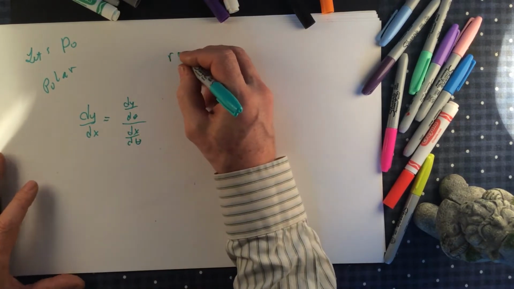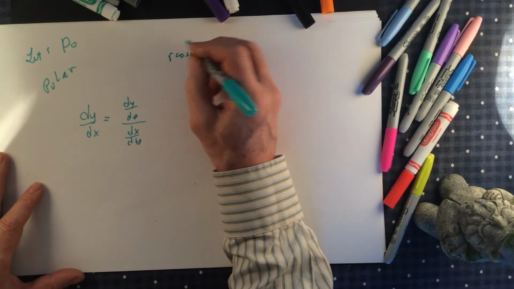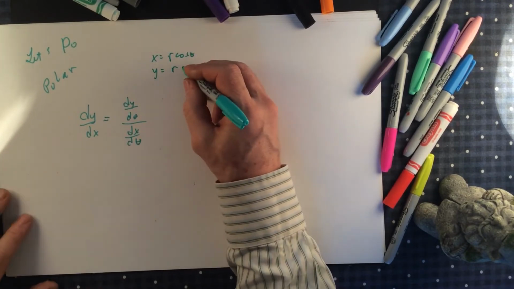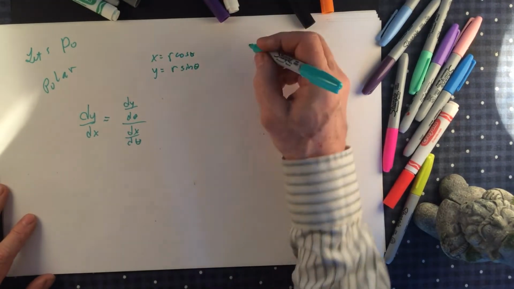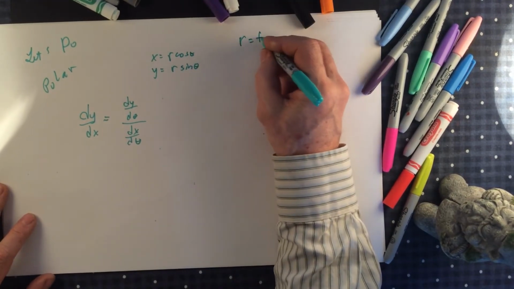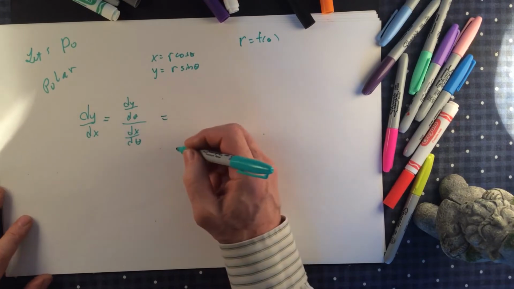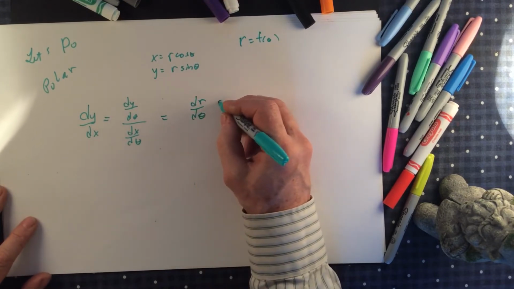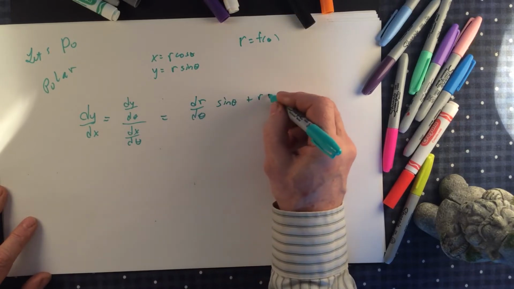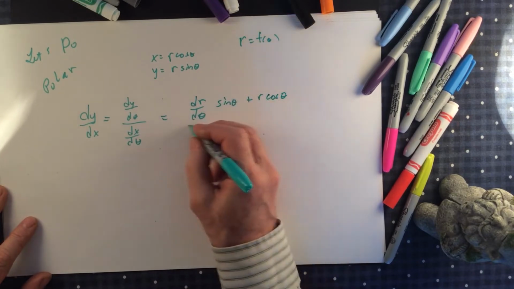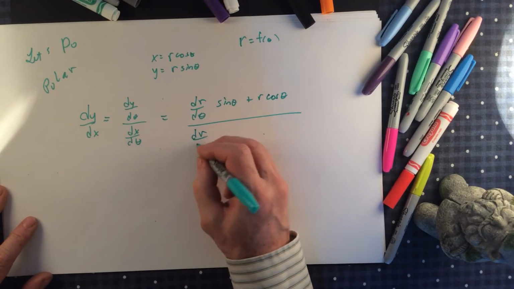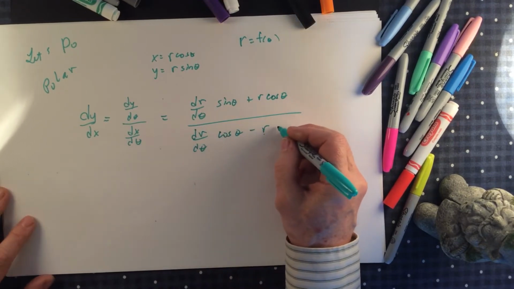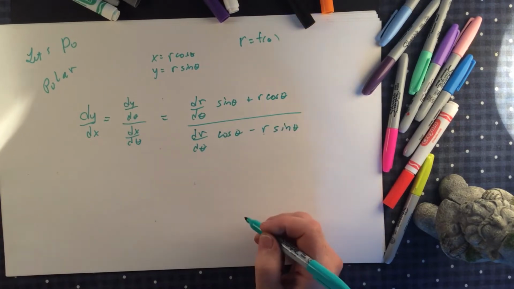Since x was r cosine theta and y was r sine theta, and r was a function of theta, we were able to simplify this down to dr d theta sine theta plus r cosine theta over dr d theta cosine theta minus r sine theta.